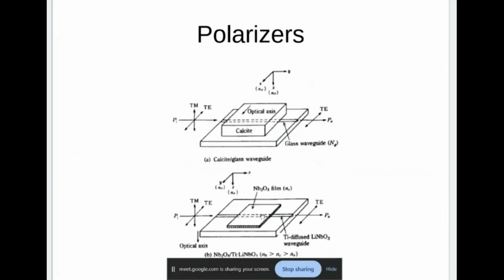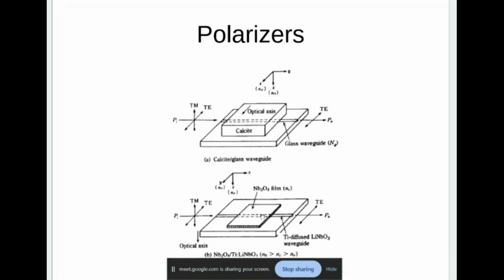Polarization is an important problem. You want to make polarizers. I would like you to compare all these things with your bulk devices. For example, a power divider or beam splitter you use in optics can be very small, like this Y branch. For polarization, you have to use what are called anisotropic properties. You coat an anisotropic medium on your conventional integrated optical circuit, or you can make the devices themselves on anisotropic crystals, like lithium niobate.